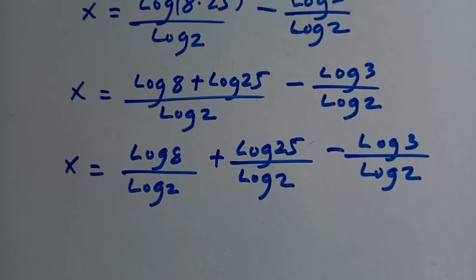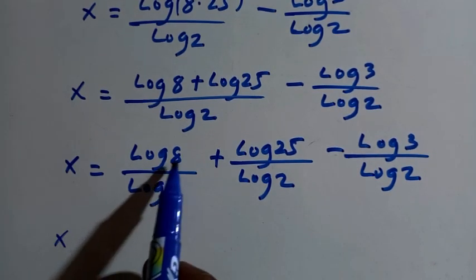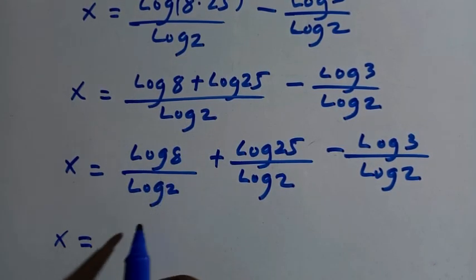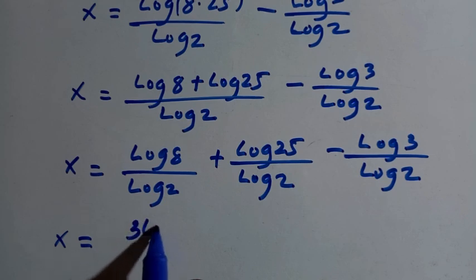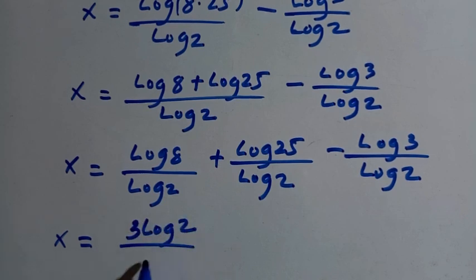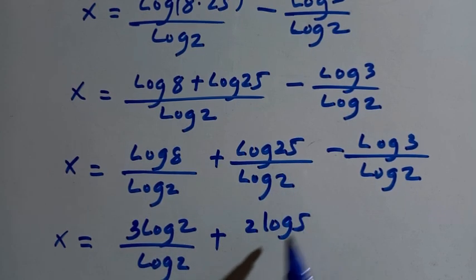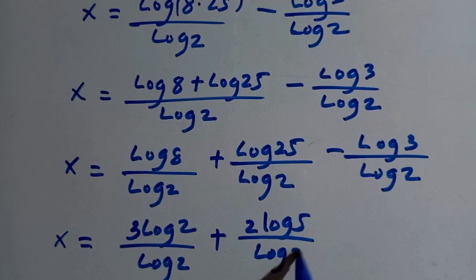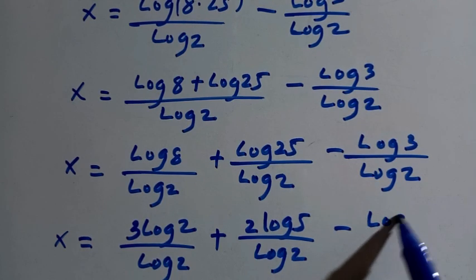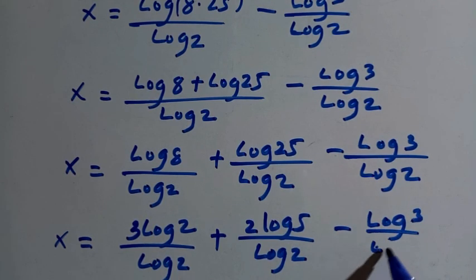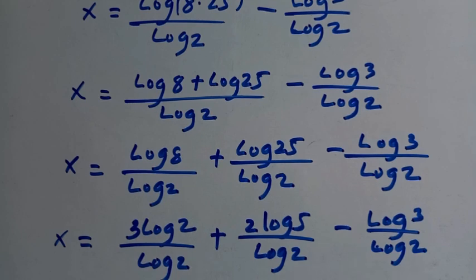Let's say we have this 8 as 2 to the power 3, and we can write it as 3 log 2 divided by log 2, plus this one we write as 2 log 5 divided by log 2, minus log 3 divided by log 2.